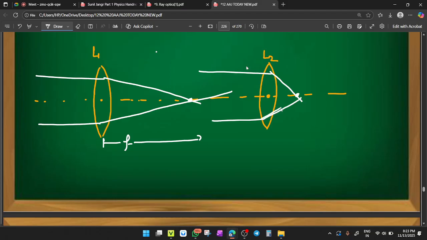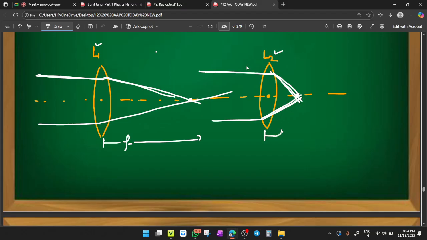Now tell me which lens looks more powerful, the second lens L2 or the first lens L1? Which is more powerful? You see, the first lens has less ability to bend the rays and this lens has tremendous, high ability to bend the rays. Yes or no? It focuses at a very short distance.